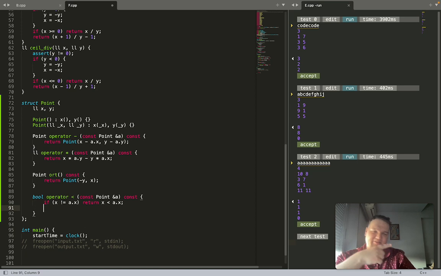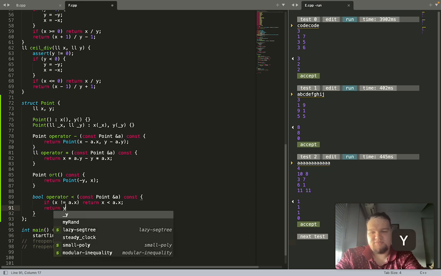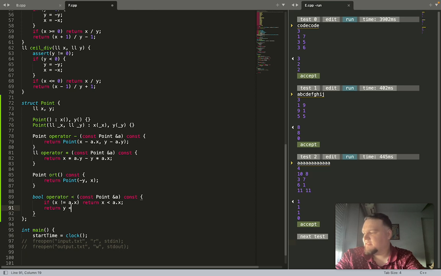Otherwise, my direction is horizontal with just a tinge of upwards. So otherwise I'm sorting by y coordinate. Right, right.